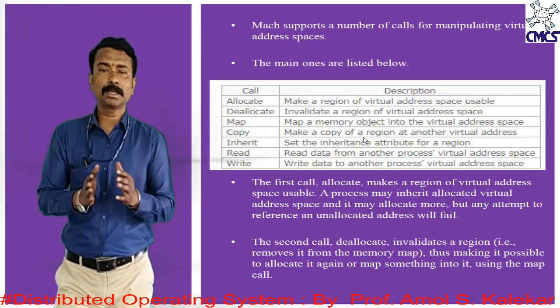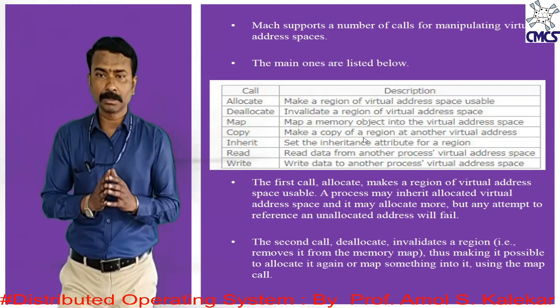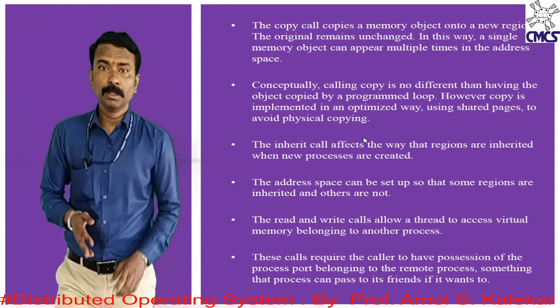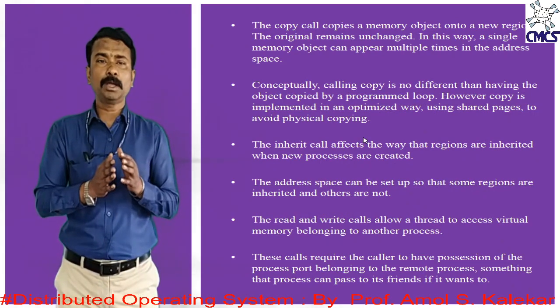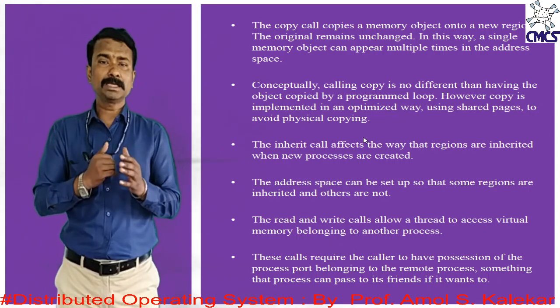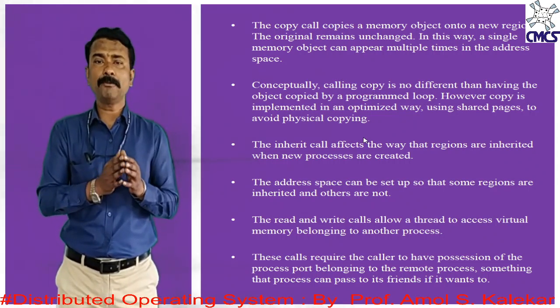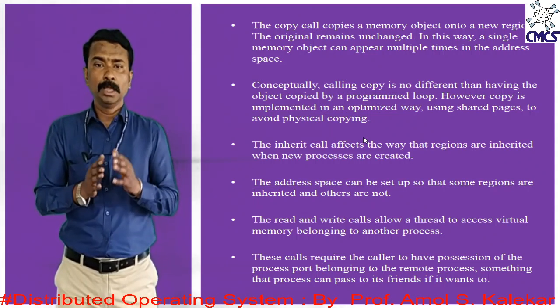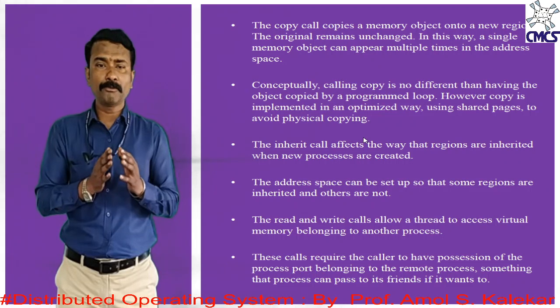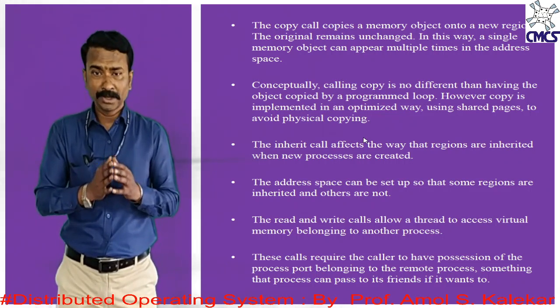The second call, deallocate, simply invalidates a region. The copy call copies a memory object into a new region. Conceptually, calling copy is no different than having the object copied by a programmed loop. The inherit call affects the way regions are inherited when new processes are created.